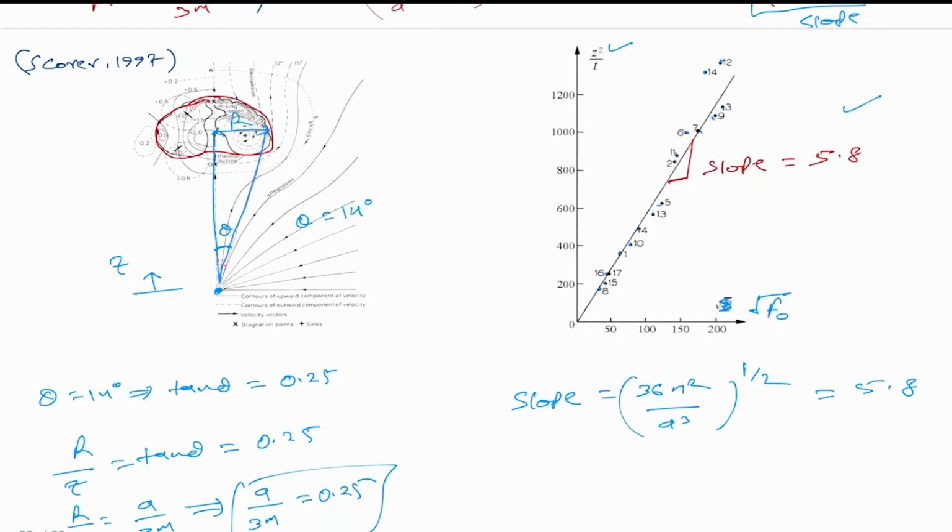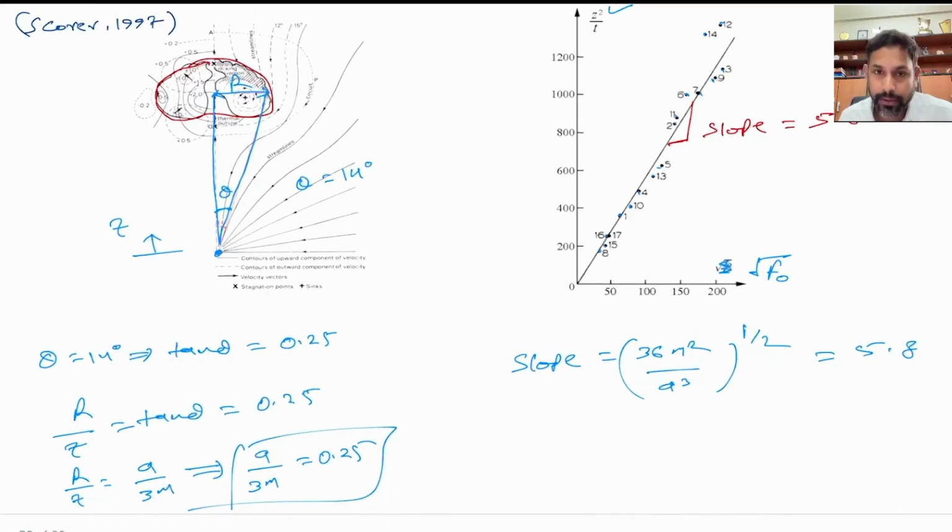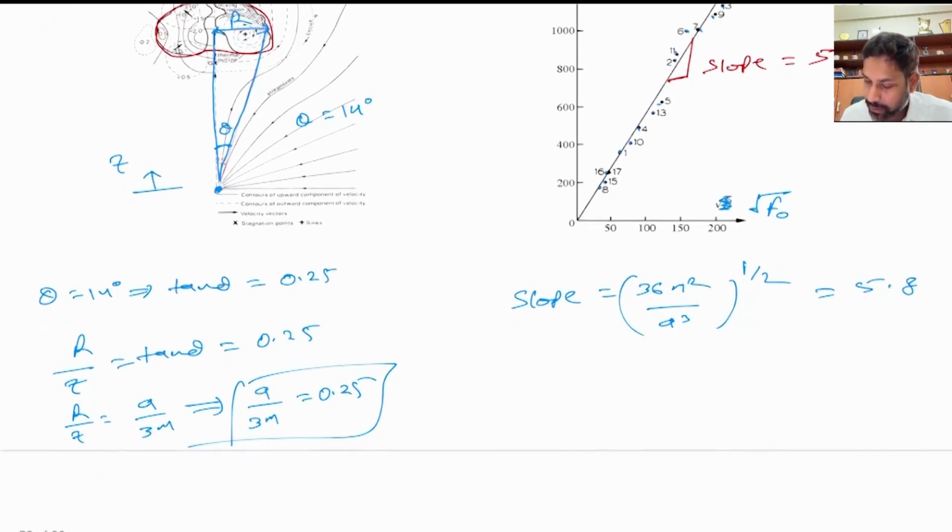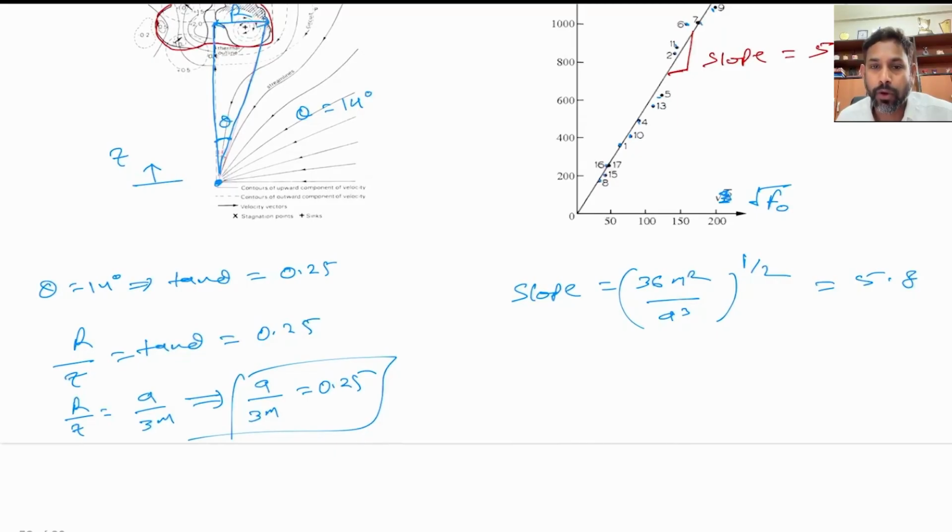Okay, so now we have got two equations. One is the equation to the left, that is A by 3m, and one is the equation to the right, and both of them have constants a and m involved, right?